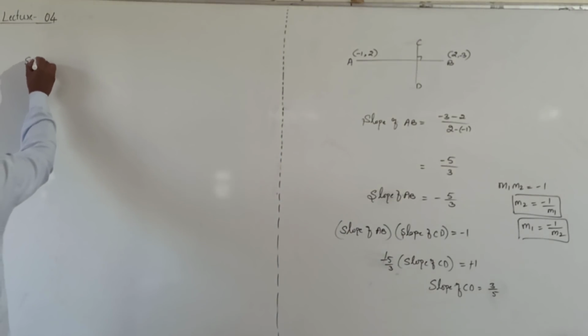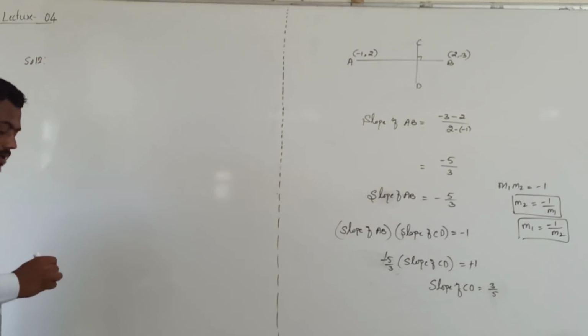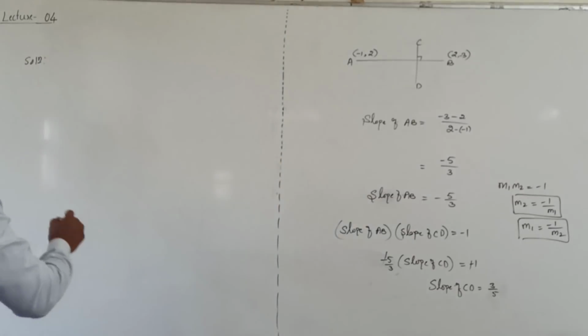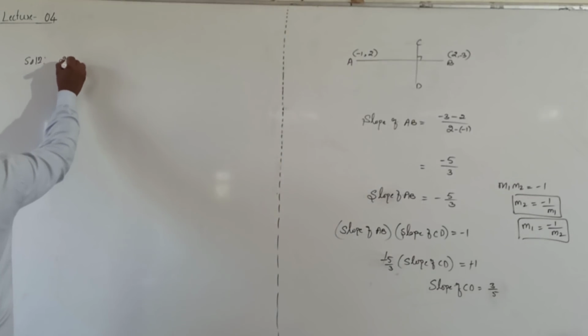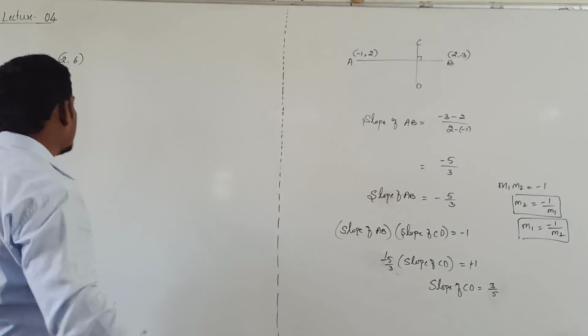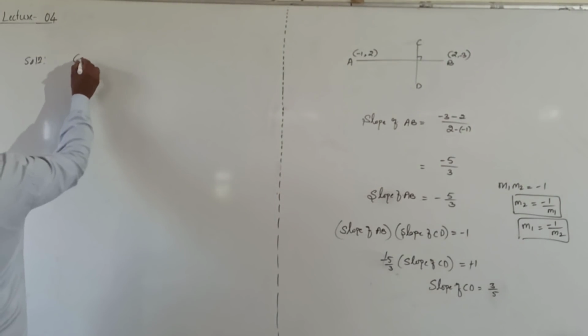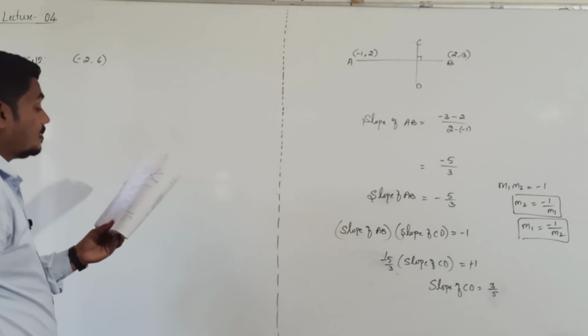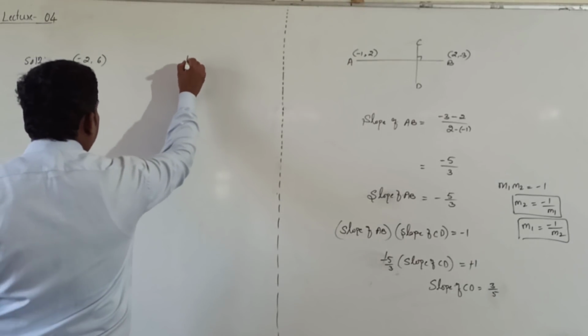Solution is, what they have given? The line through the points -2, 6 and 4, 8.